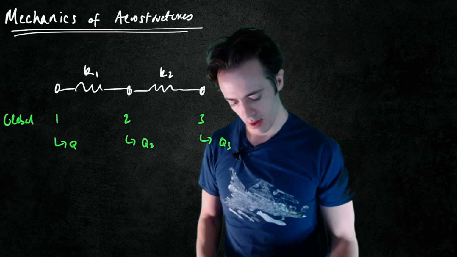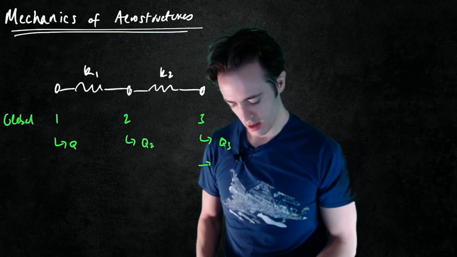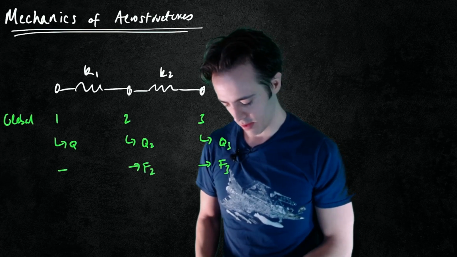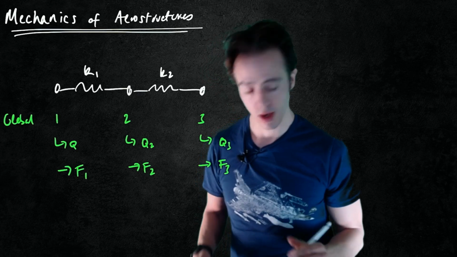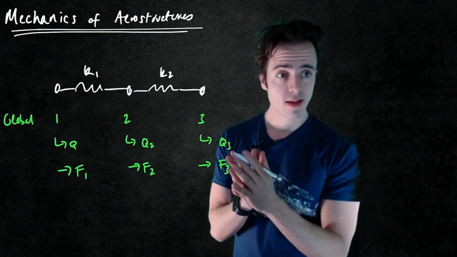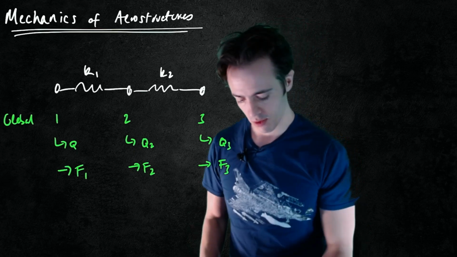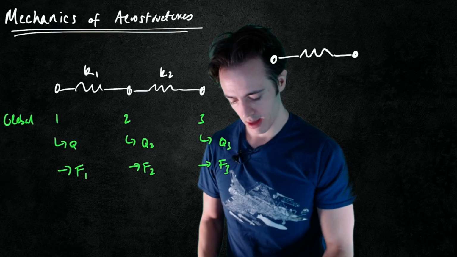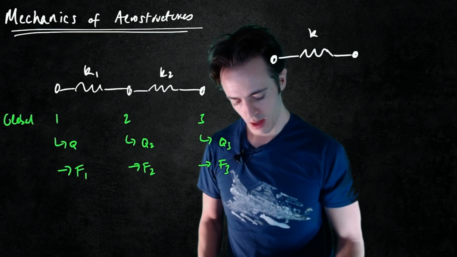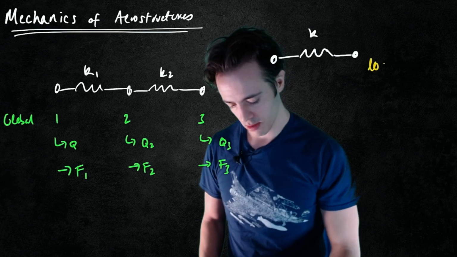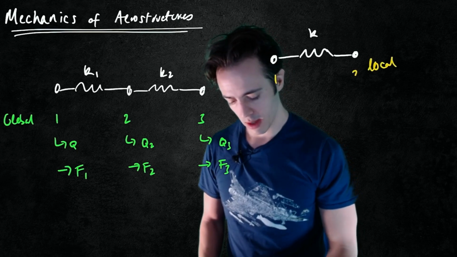And we could also apply forces here, so F3, F2 and F1. And we, in the preceding lecture, had looked at a single spring that has stiffness K, it has a local, so let's do this in yellow, node 1 and node 2.